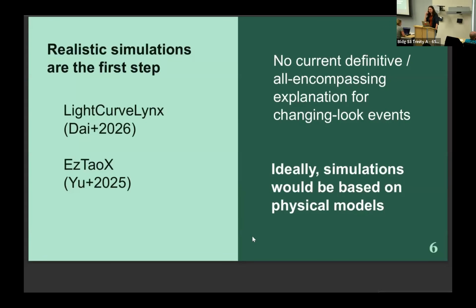Even though these aren't technically fully realistic light curves, because we don't have a complete definitive physical model for what is creating the changing look events. And it's probably not one that describes all changing look events in the first place. So ideally in the future, we'll have these based on physical models. For now, we're mainly sticking to damped random walk changes, things like that.